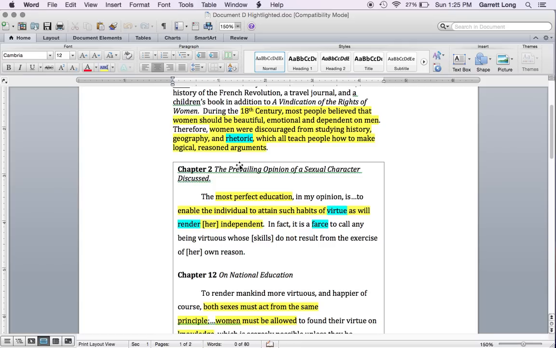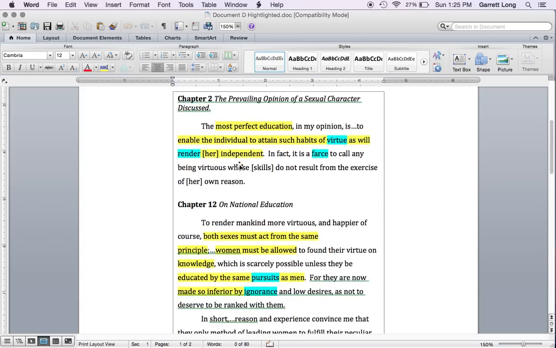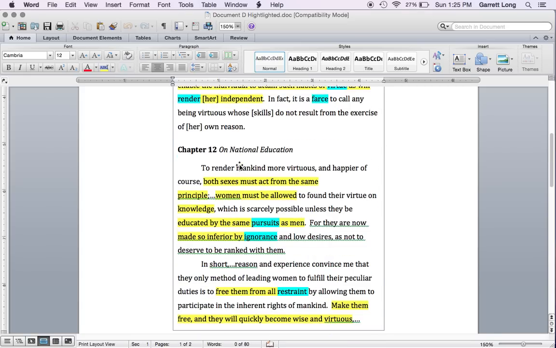Our fourth word, render. Render means to make. Our fifth word, farce: funny or humorous. Our next word, pursuits: an effort to attain or to get.